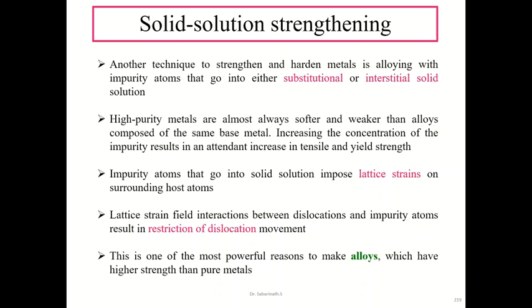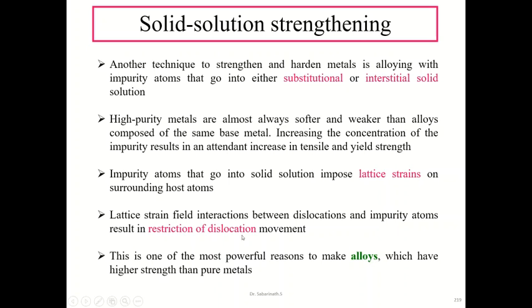Impurity atoms that go into solid solution impose lattice strains on the surrounding host atoms. So in the surrounding host atoms, lattice strains are developed. Here the compressive and the tensile regions match, and the dislocations will be restricted.